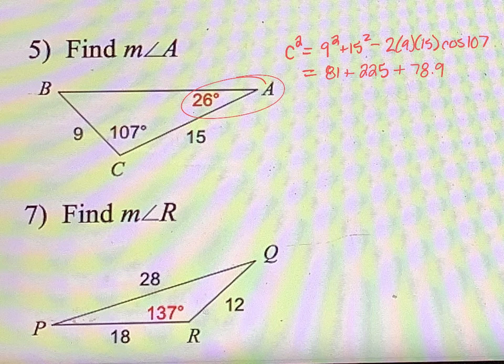So 81 plus 225 plus 70. So that is 384.9. Take the square root. So side C should be 19.6.